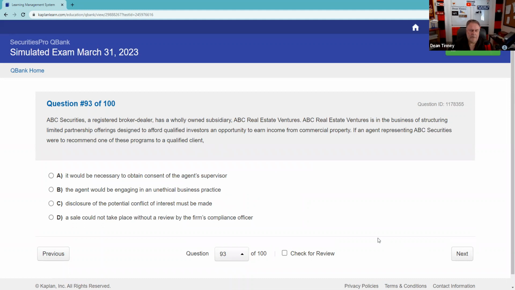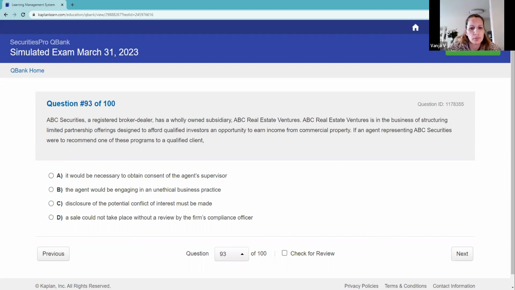ABC Securities, a registered broker-dealer, has a wholly owned subsidiary, ABC Real Estate Ventures. ABC Real Estate Ventures is in the business of structuring limited partnership offerings designed to afford qualified investors an opportunity to earn income from commercial property. If an agent representing ABC Securities were to recommend one of these programs to a qualified client, it would be necessary to obtain consent of the agent's supervisor.